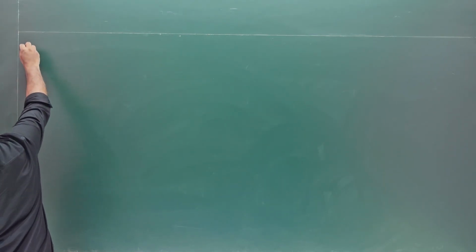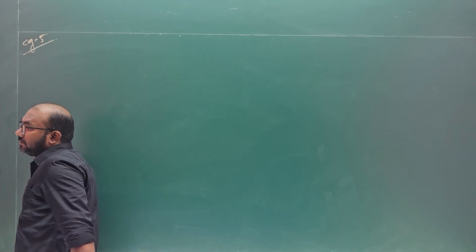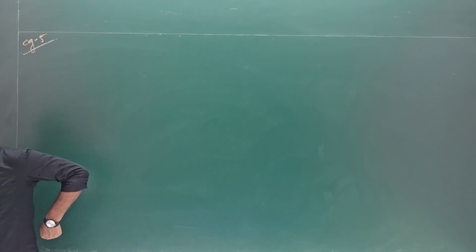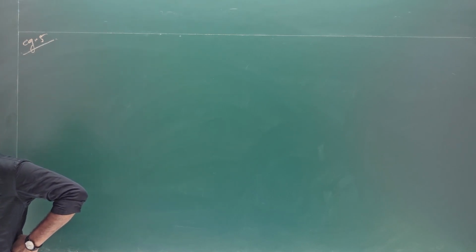Example number 5. Write down the question. You have to draw the diagram on your own this time. Okay, now, a body is moving with uniform acceleration.